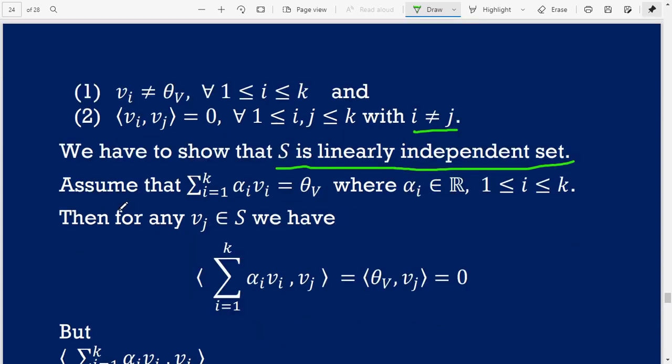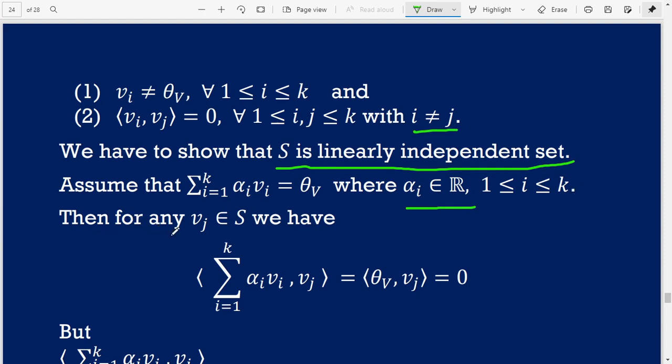So we assume that the summation i = 1 to k of alpha i vi is equal to the zero vector, where alpha i belongs to R and 1 ≤ i ≤ k.